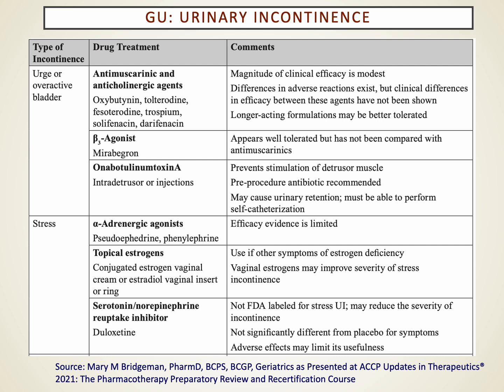There is a role sometimes for alpha-adrenergic agonists like pseudoephedrine or phenylephrine, and topical estrogens, particularly vaginal estrogens, if there's an issue of severe stress incontinence in a peri- or postmenopausal woman. There's also some role of using duloxetine, not an FDA-approved use, but if there's another indication for it, this may have some added benefit there.